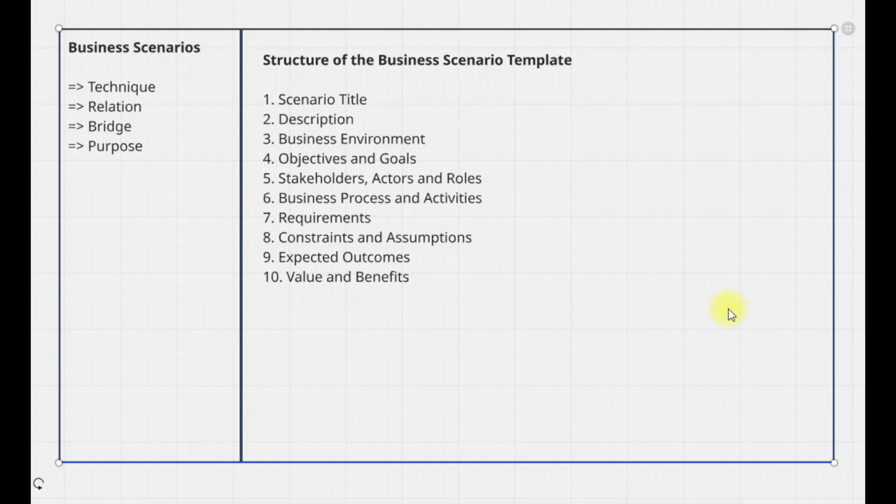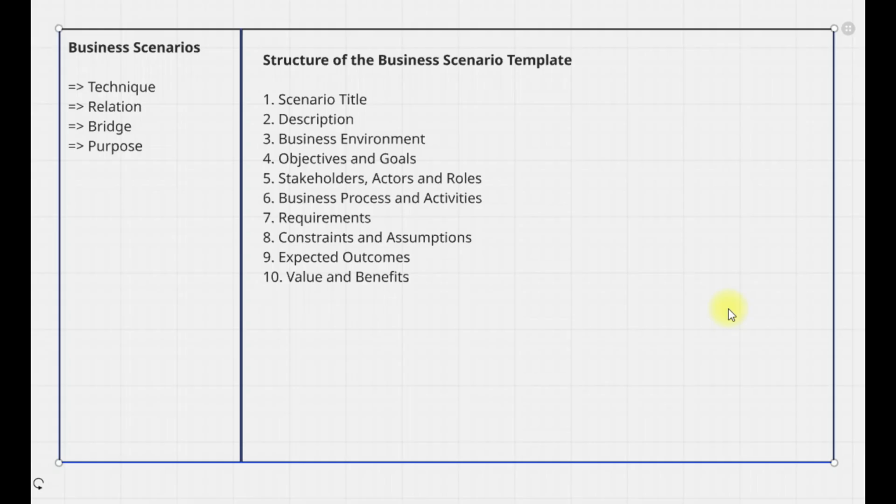And then bridge. So how does a business scenario do a bridge kind of activity? If you see, we have all the business problems listed, and then we try to apply solutions to it. First we will develop an architecture, and then there will be the implementation, and then the solutions will come up.